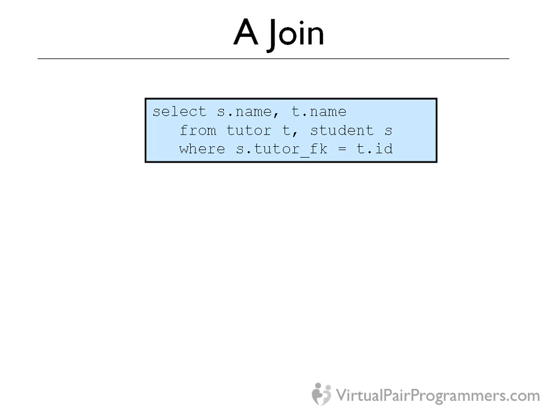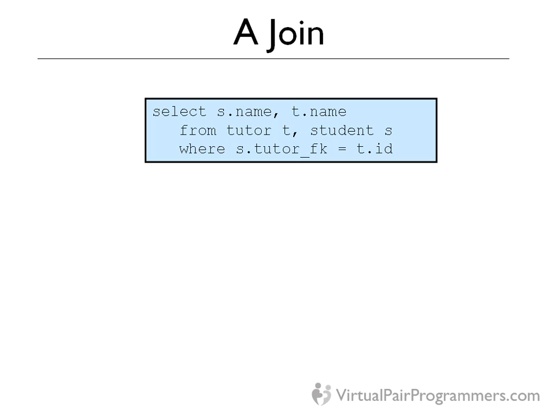If that's okay, then the where clause is the important part of the query. What I'm saying here is I only want pairs of names where the student's foreign key matches the tutor's ID. This query is going to find a list of all of the students that have a tutor, and it will return that tutor's name. And along with the student's name, it will also return the tutor's name.